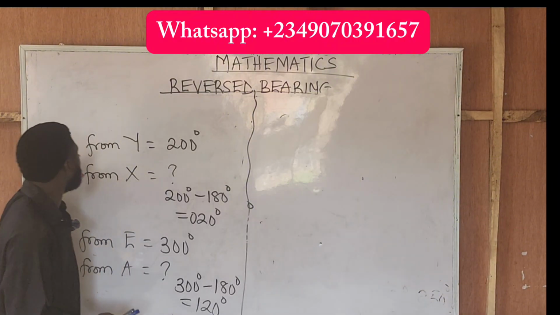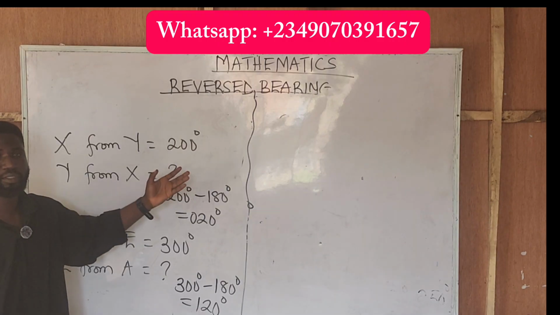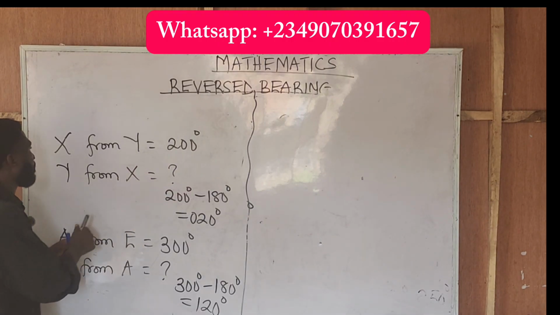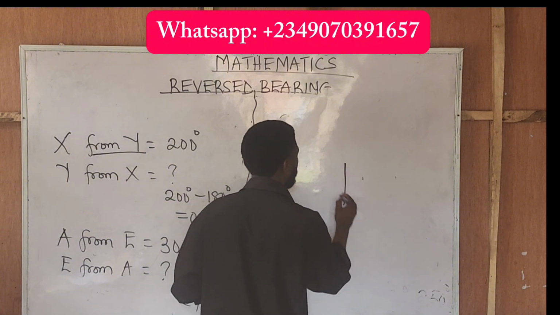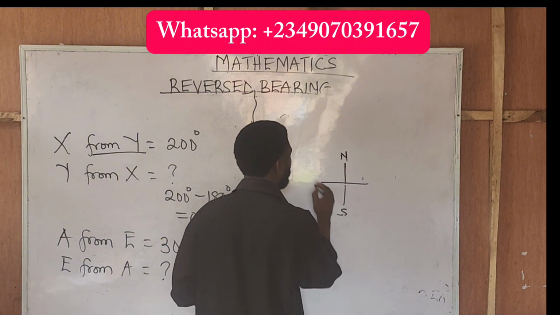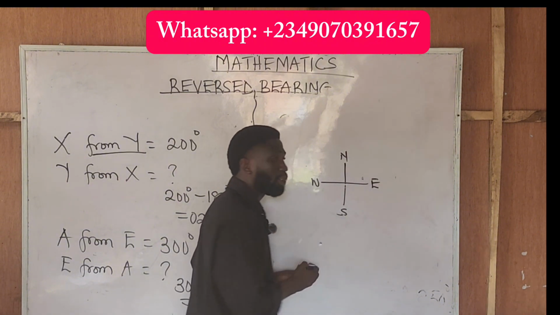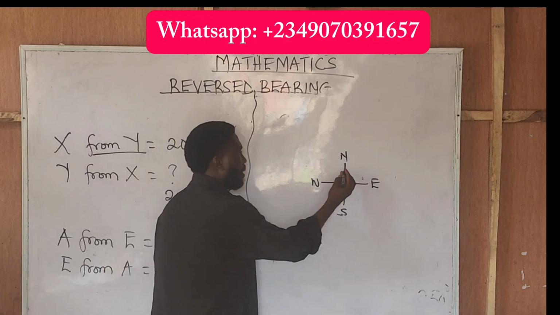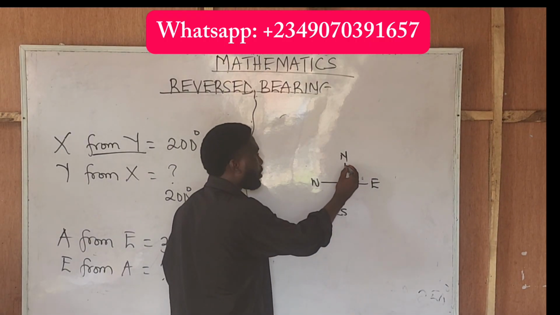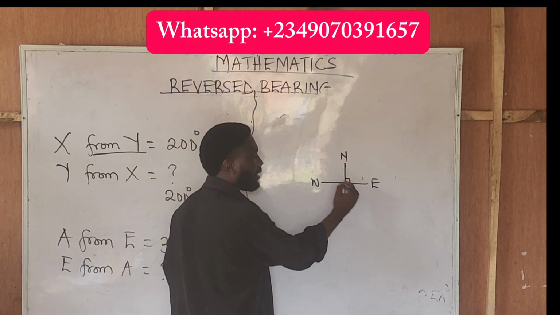So here it says that the bearing of X from Y is 200 degrees. So here it's north, south, west, east. For the 200 degrees, it is more than 180. Remember, it is moving clockwise from the north. So here is 90, here is 90, which is 180 degrees.